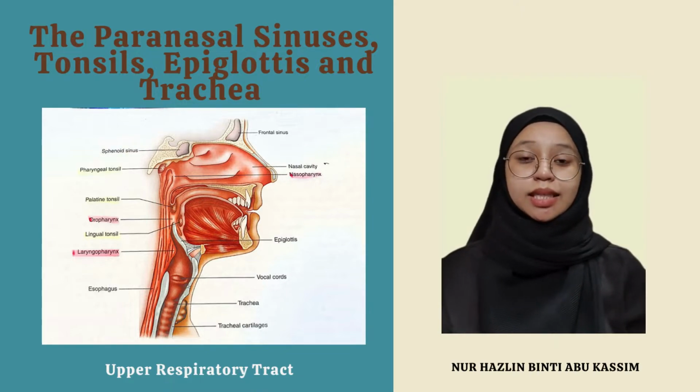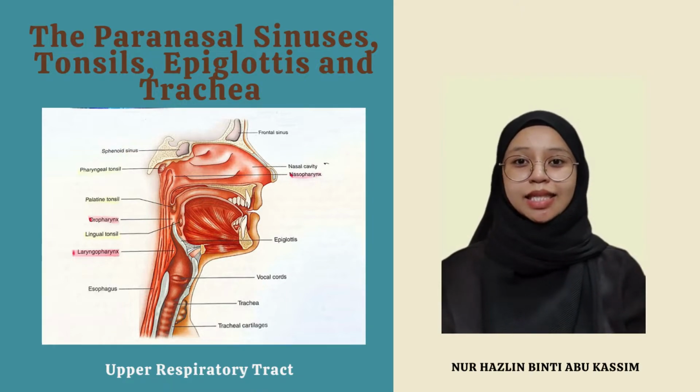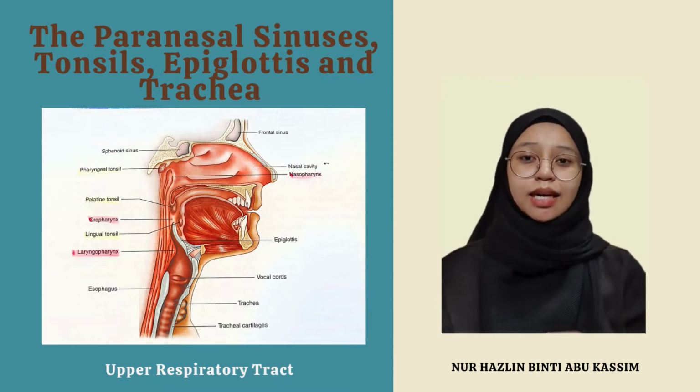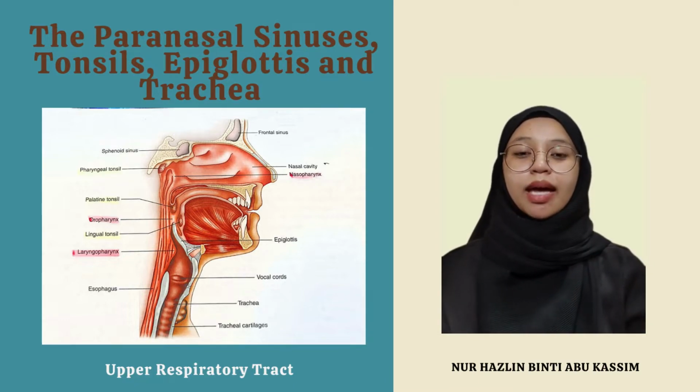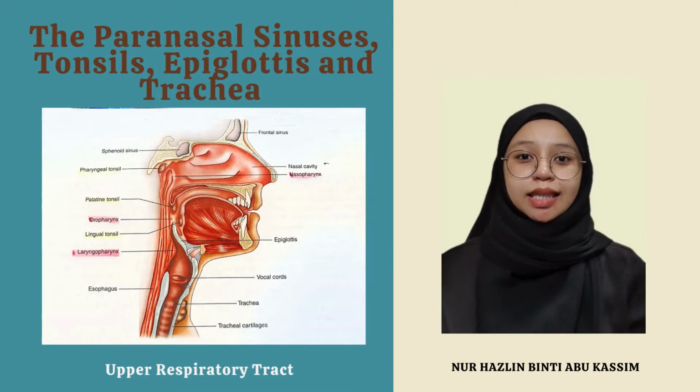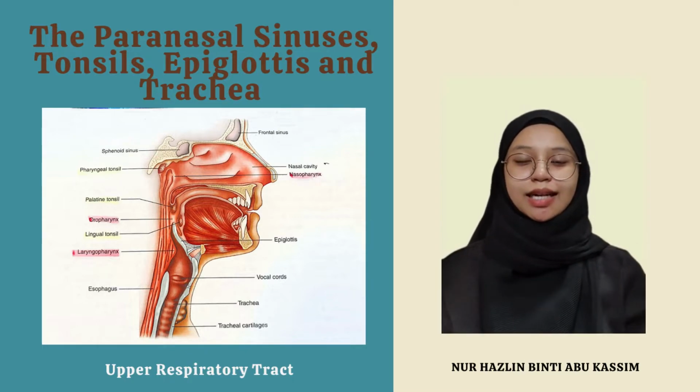The largest paranasal sinuses are the maxillary sinuses, which are found in the maxillary bones beneath the eyes. The last pair is the ethmoid sinuses, which are irregularly shaped air cells separated from the orbital eye cavity by just a thin layer of bone and are found in the ethmoid bone between the nose and the eyes.